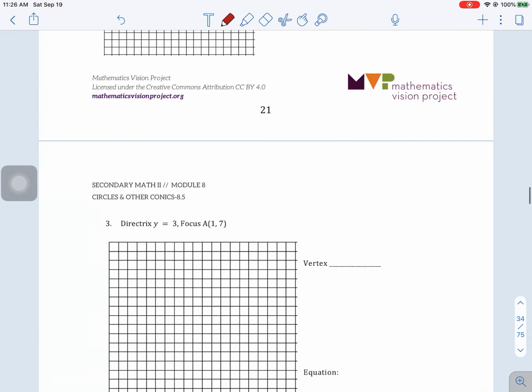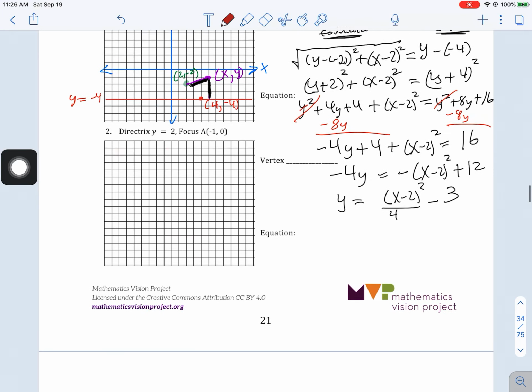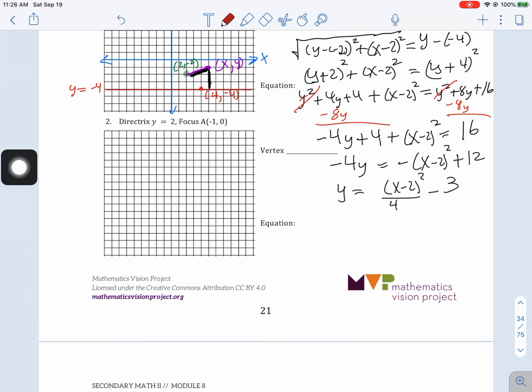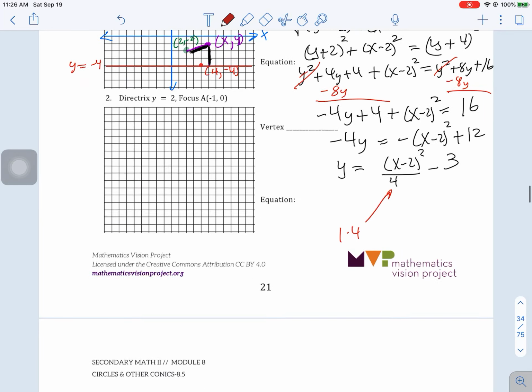So if we look at the first one, notice that the distance was 1, and therefore the denominator is going to be 1 times 4, or 4.